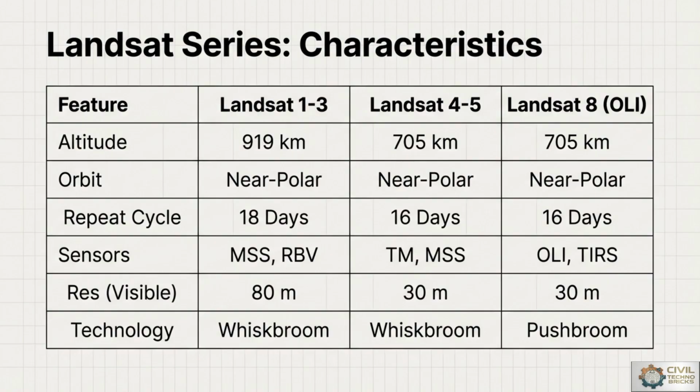Different generations have carried sensors like MSS, TM, OLI, and TIRS. These are the nomenclatures for sensors with distinctive objectives for multispectral observations. The Landsat program evolved from whisk broom technology to modern push broom systems.